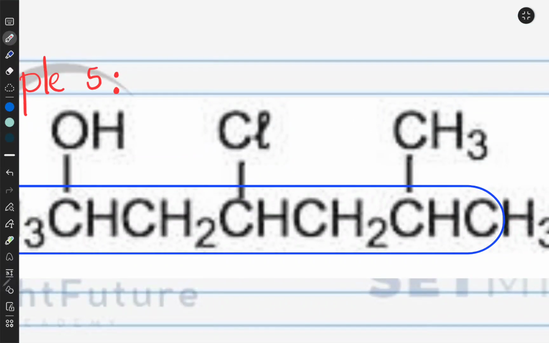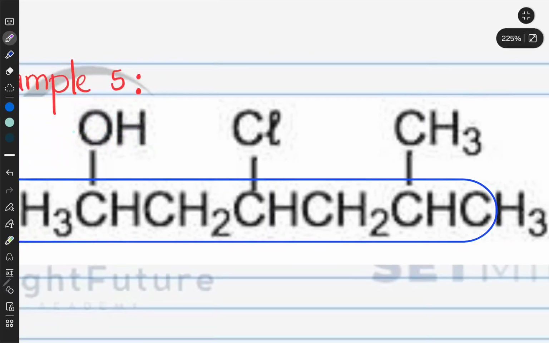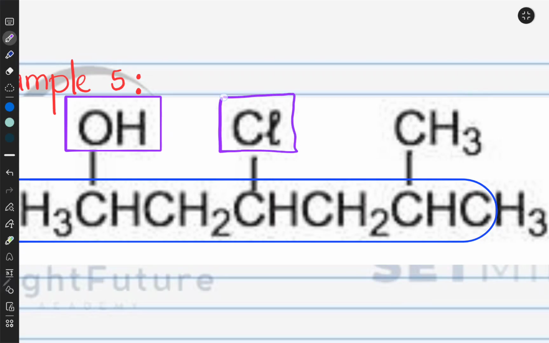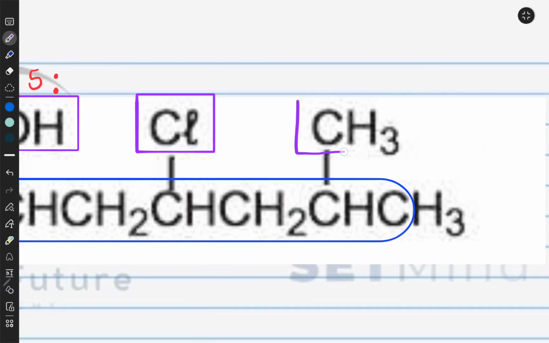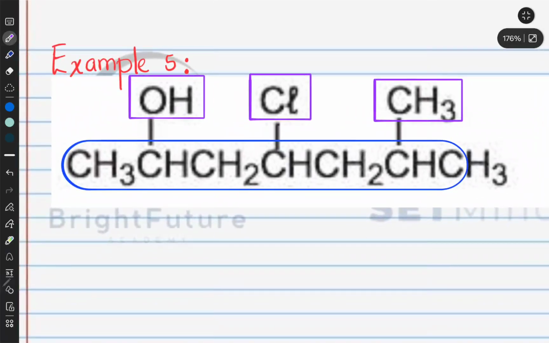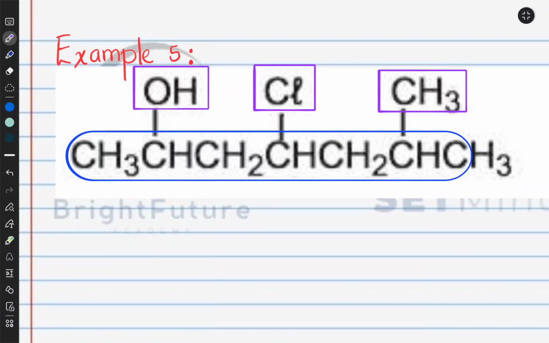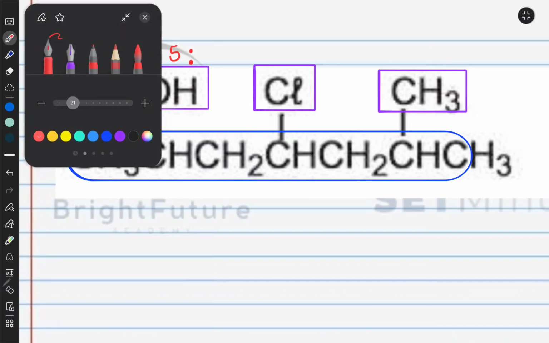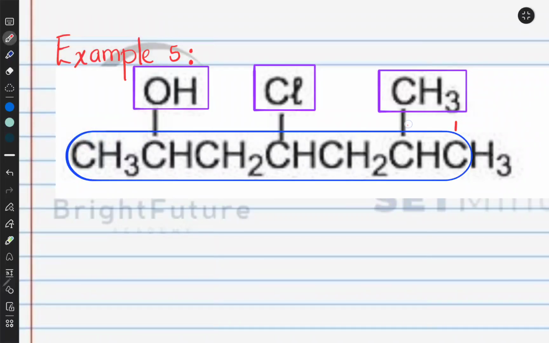Right, so then we are left with 3 substituents, which is this one, the hydroxyl group, that one, the halogen atom, which is chlorine, and then this one, the alkyl group, which is methyl. All right, so those are our 3 substituents. Now, which side do we start numbering from? Let's check. If I start from right going to left, I'll have 1 2 3 4 5 6 and then 7.